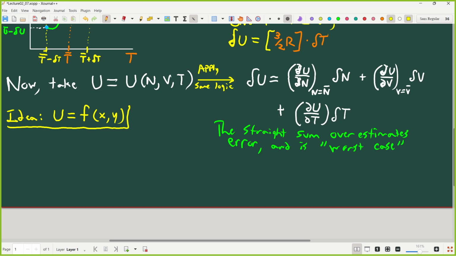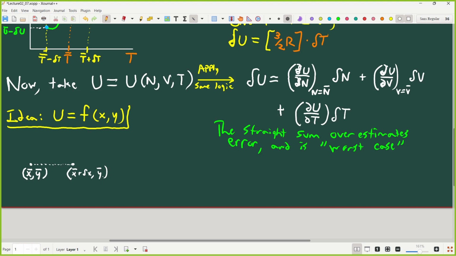So I have values for x and y that I've measured. Let's say, for instance, this right here is the value x comma y. Then I'm going to displace this by dx. So this is x bar plus delta x comma y. I've displaced my value by the maximum error in that value, so I'm making a new point here in the energy space.